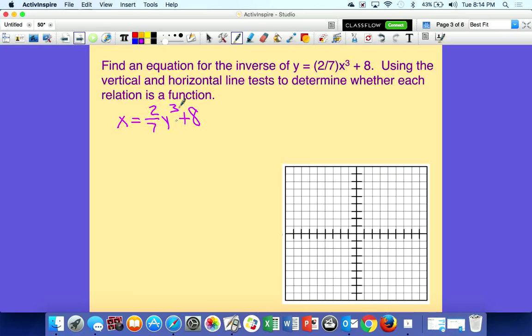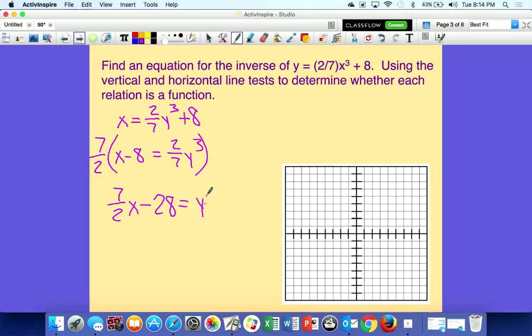So we would have to solve for y here, so we'd have to subtract 8. Then normally we would divide by 2/7, or we can multiply by 7 over 2. So then this would become 7/2 x minus 7 times 8 is 56 divided by 2 is 28 equals y cubed.